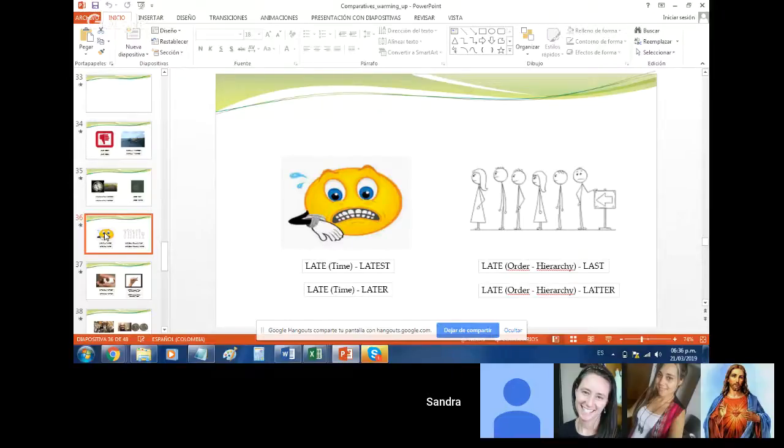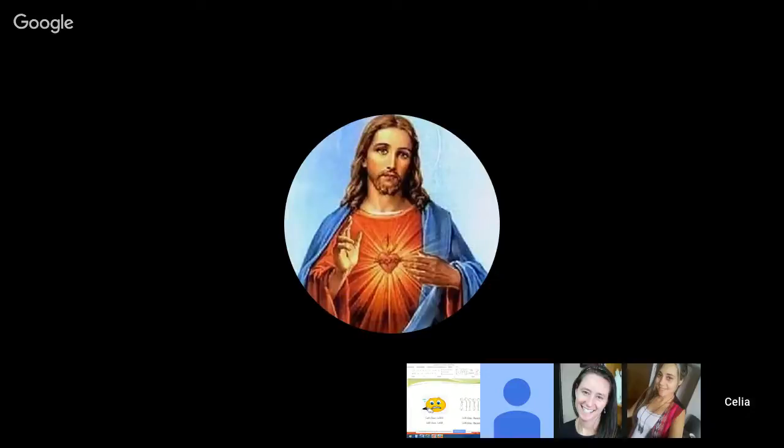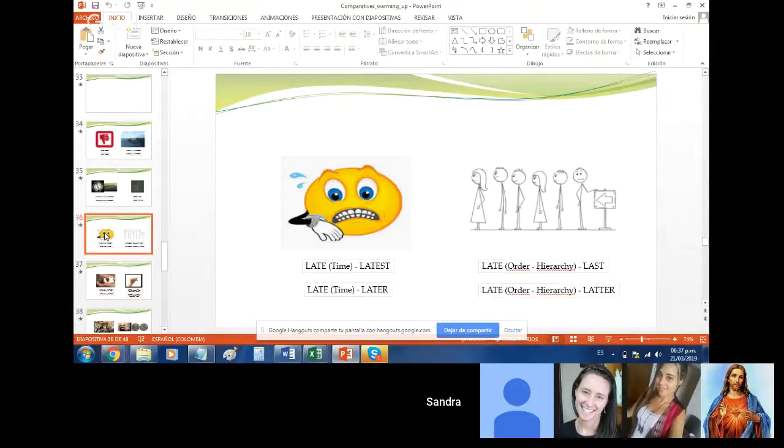Here, for example, late. When we talk about time, we're going to use latest in its superlative form. On the contrary, in comparison of something to something, we're going to use later. We use late as an adjective in terms of order, first, second, third, the last one, for example. We can use in its superlative form last. And when you talk in terms of comparison, we're going to use later.